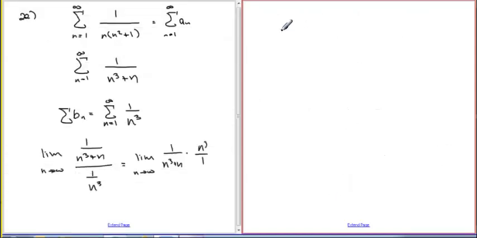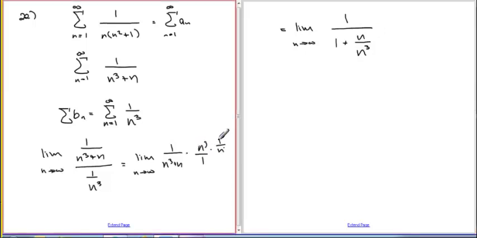So we take the term in the denominator and we take the reciprocal of that, like that. So what we're going to end up with is 1 over 1 plus n divided by n cubed. What I'm doing here is multiplying by 1 over n cubed and multiplying by 1 over n cubed.